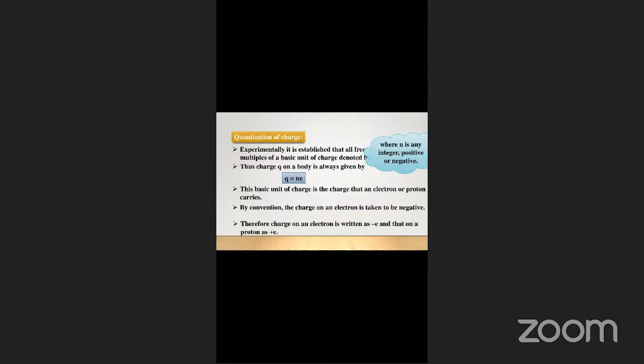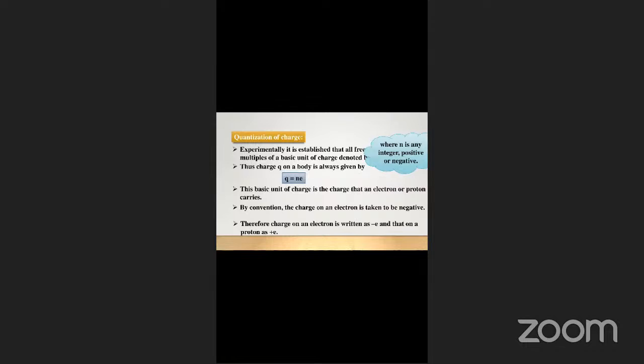By convention, the charge on an electron is taken to be negative. For example, we already discussed conduction, convection and insulation. So by convention, the charge on an electron is taken to be negative.